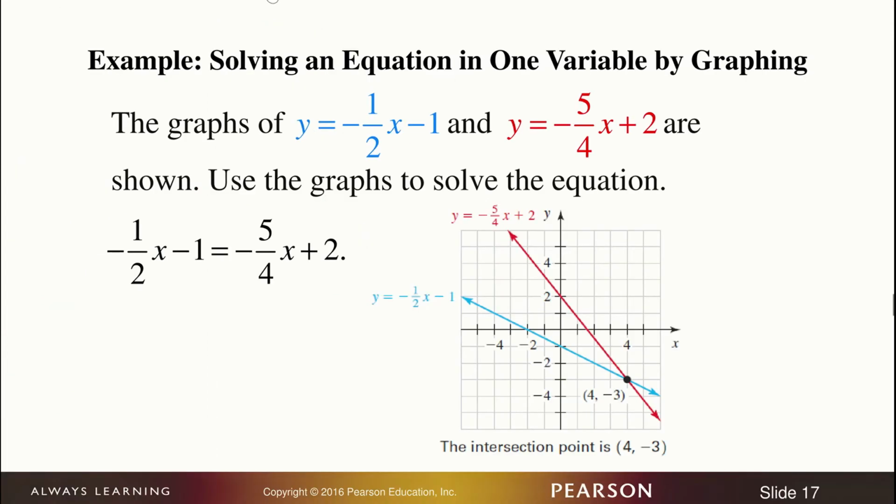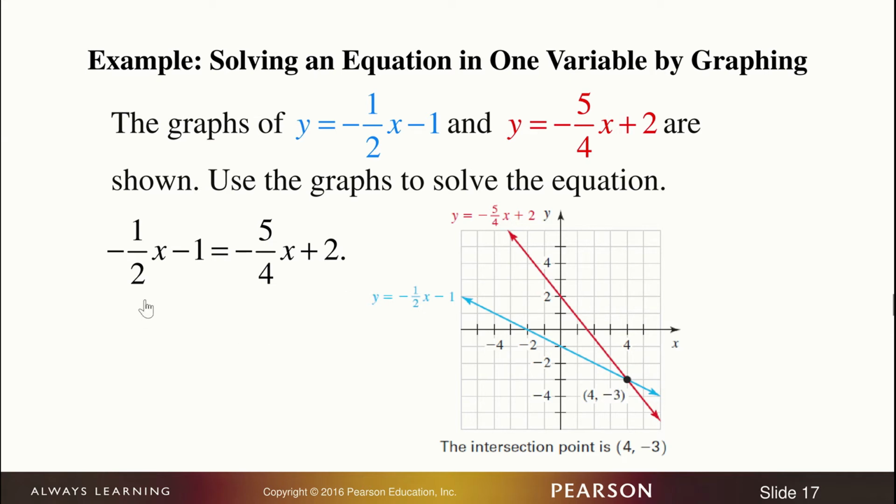One of the ways we can solve an equation is by using graphing. And we can do so by taking an equation like this, setting each side equal to y. We've seen this before in our previous video. And then we get these two equations, we graph them, and the point of intersection is the one we're going to be interested in, because for that x value, both this expression and this expression are going to have the same output, -3.